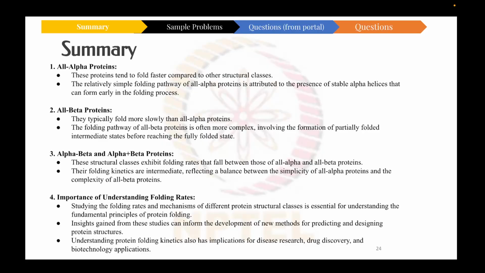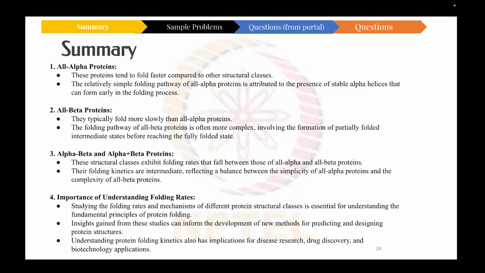Alpha/beta proteins contain both alpha helices and beta strands, while alpha plus beta proteins have non-contiguous regions of alpha helices and beta strands. These structural classes exhibit folding rates which fall between those of all alpha and all beta proteins. Their folding kinetics are intermediate, reflecting a balance between the simplicity of all alpha proteins and the complexity of all beta proteins.